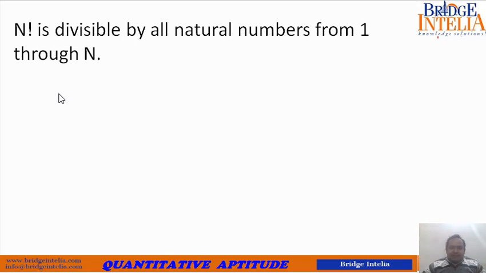For example, let's take 23 factorial. 23 factorial will definitely be divisible by any number n which is in the range 1 to 23. So I can safely say, without actually calculating, that 23 factorial is divisible by 19 because I have chosen the number from this range.